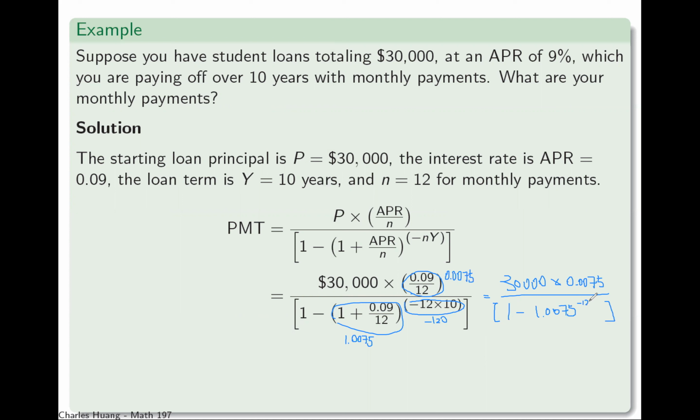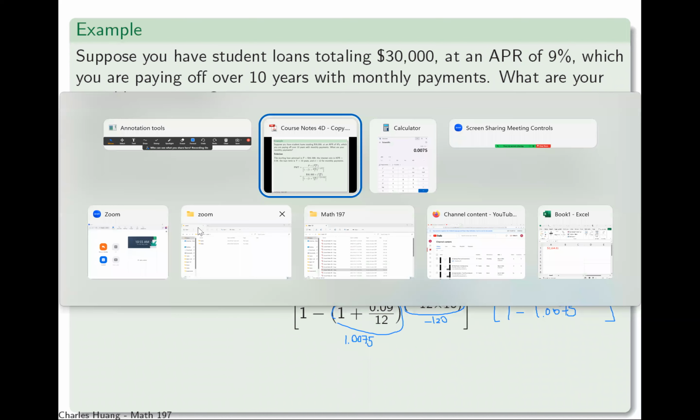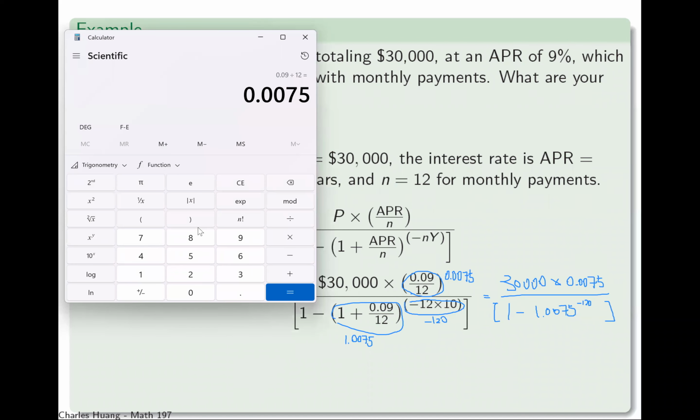The reason why I write everything out in detail is because the steps we do here are a little bit tricky. I recommend doing the brackets first in order to limit the mistakes you make. So 1 minus 1.0075. And now we need an exponent of negative 120.